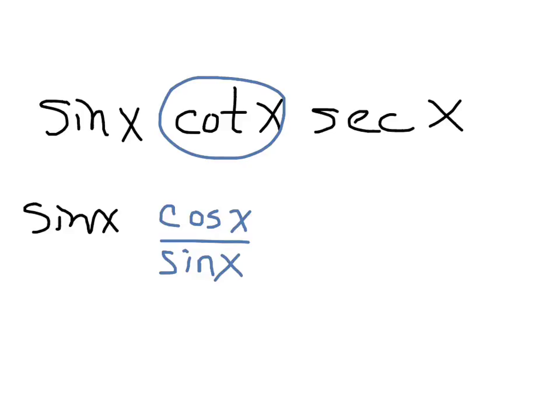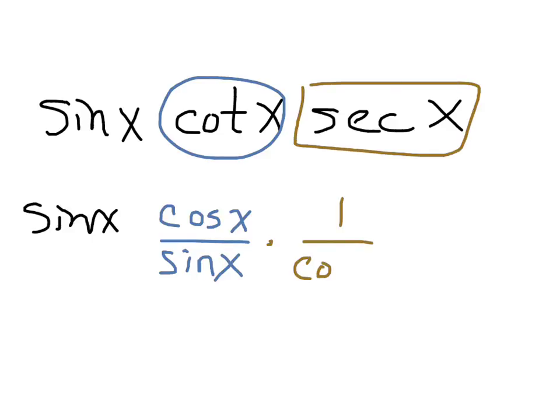How about secant? What's the reciprocal of secant? Cosine. So now I'm going to replace this with 1 over the cosine. So what I did was I took the cotangent and the secant and replaced them with what they were equal to based on the reciprocal or the cotangent function.